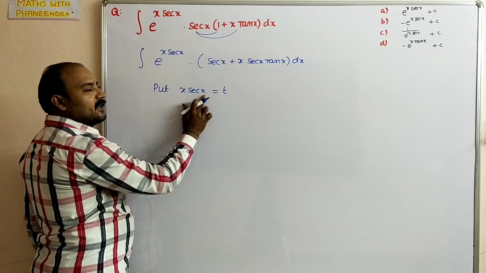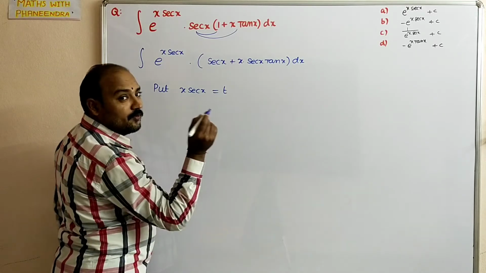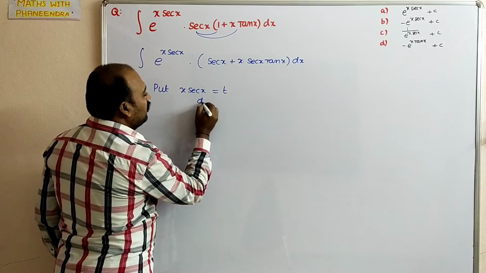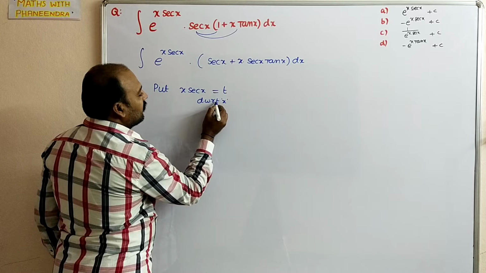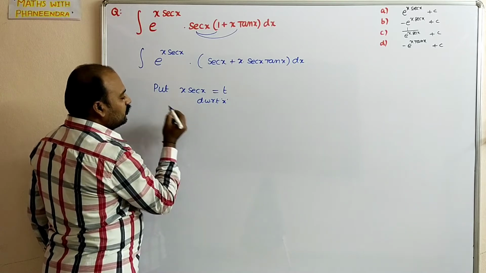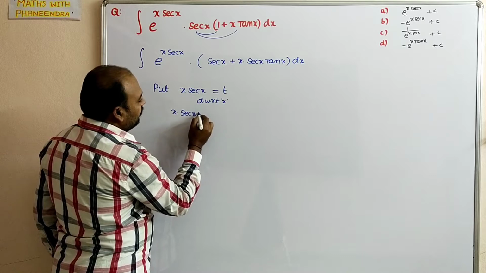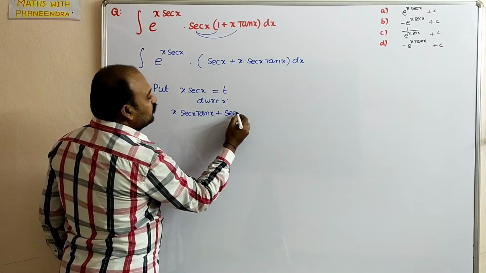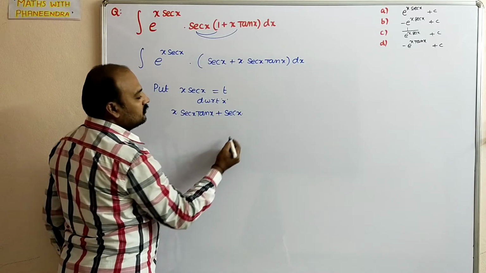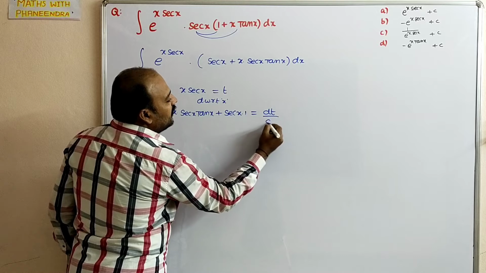x into secant x, here this is u, this is v. Applying the uv formula of differentiation, the product rule, differentiate with respect to x. So the derivative of x secant x is secant x tan x times x, plus secant x times the derivative of x, which is 1, equal to the derivative of t with respect to x, which is dt by dx.